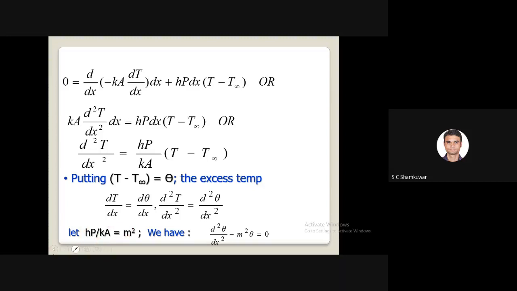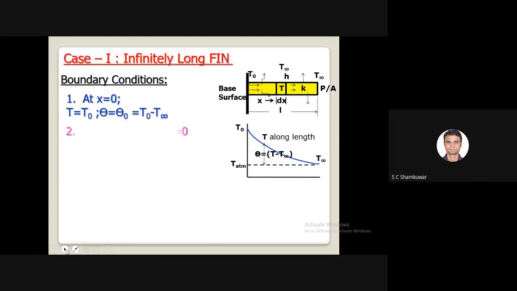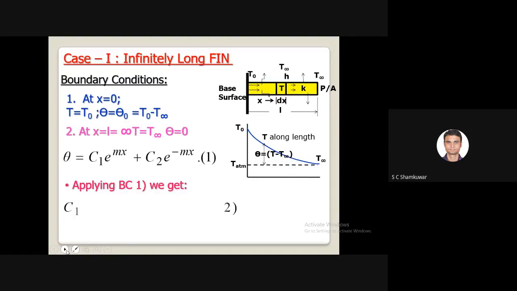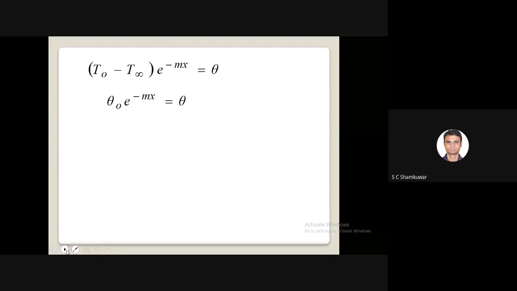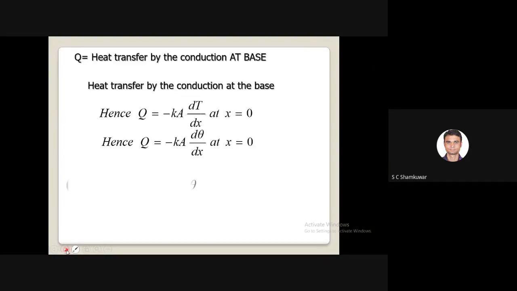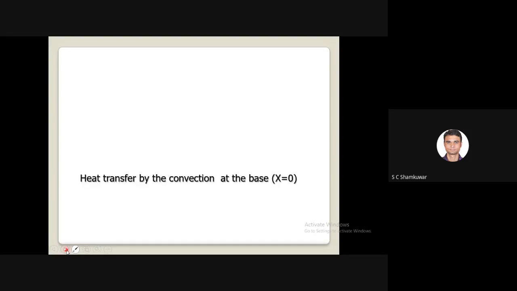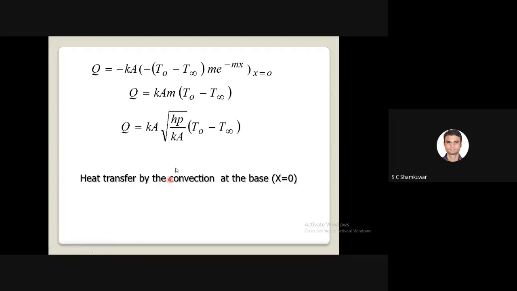So what will be m? m will be the square root of hP by kA. After we get kAm into (T naught minus T infinity), we can replace m by the square root of hP by kA. Then the square root of k will get cancelled. So we get Q is equal to the square root of hPkA into (T naught minus T infinity). This is a what?